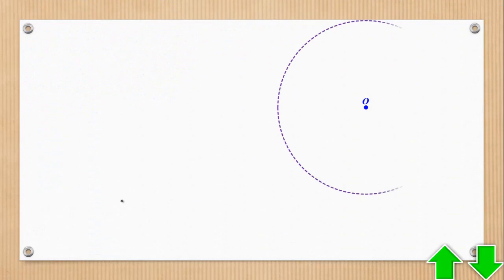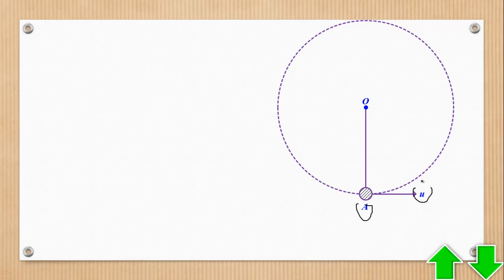So let's try to illustrate that. We have a circle with center O. Then a particle is attached at the lowest position A, and the speed is always tangential to the circular path. So this will be the initial velocity.